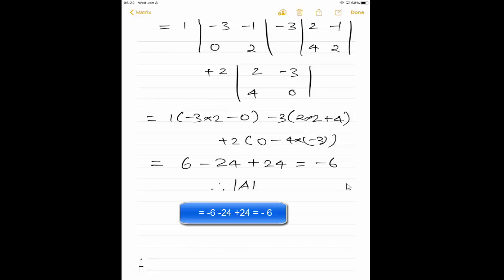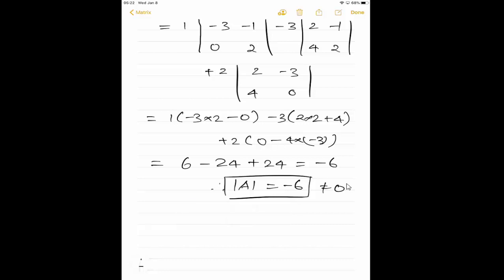Therefore, the determinant of the matrix equals minus 6. It means which is not equal to 0. Therefore, A inverse is possible or exists.